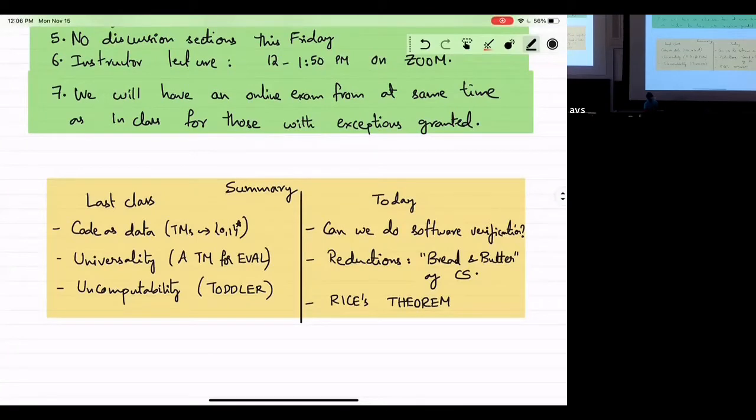But as we will see, there are many important things that we care about in practice. Like, in systems, these are some of the critical things that have led to many, many bugs, lots of money invested in them, a lot of research invested in them, trying to get around this. And all of them are somehow connected to this uncomputability. Okay?